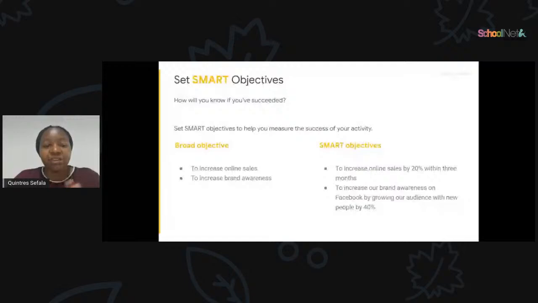The smart objective that our hairdresser would say is to increase our brand awareness on Facebook by growing our audience with new people.